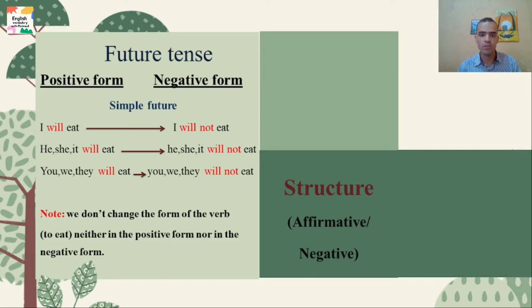You have to put the verb as a base infinitive without to. And this is applicable to all verbs. Any verb that we use in the simple future, we should not change the form of it. I hope it's clear.